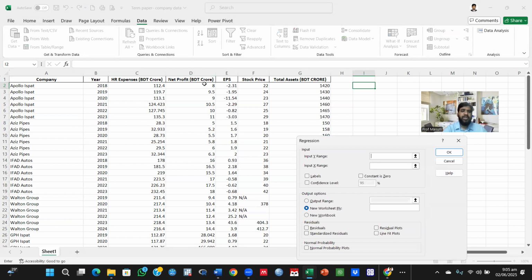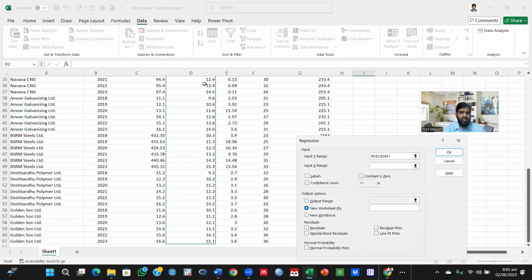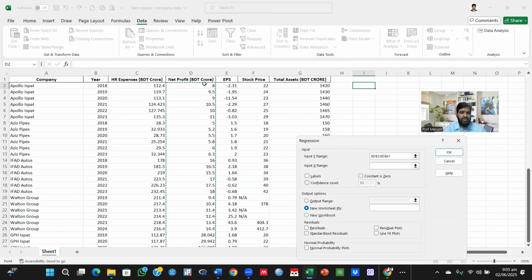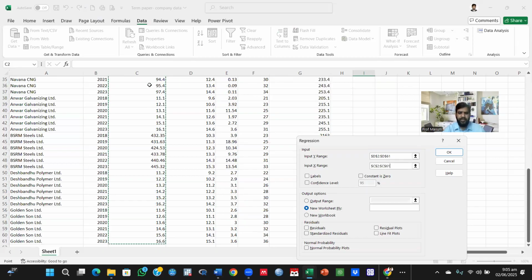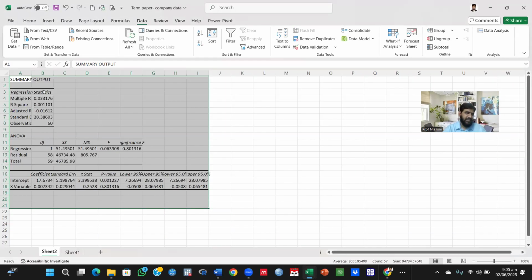Your dependent variable is profit. So you will choose the dependent variable. And what is your independent variable? HR expense is your independent variable. So now click on OK. You will get the results. Here are the results.